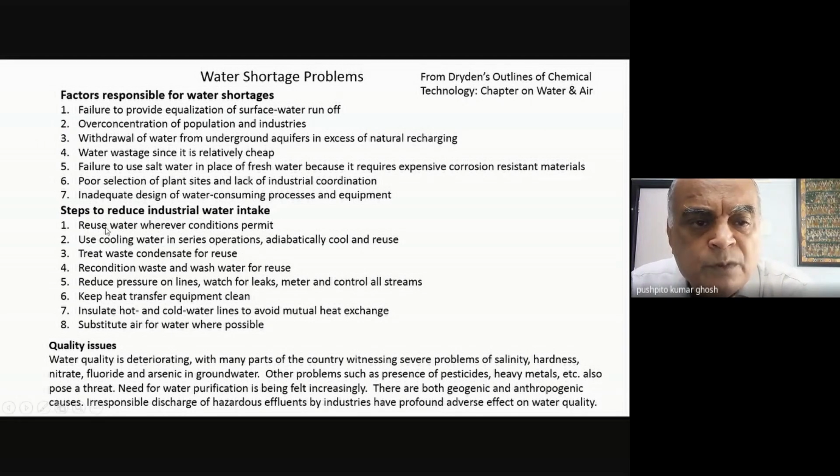Obviously, most important is to reuse water, but very practically, wherever conditions permit. You know? It would be so naive and so stupid to chuck it away if it could be reused, or if it could be reused with some minimal treatment. Now, using cooling water in series operations, adiabatically cool and reuse.